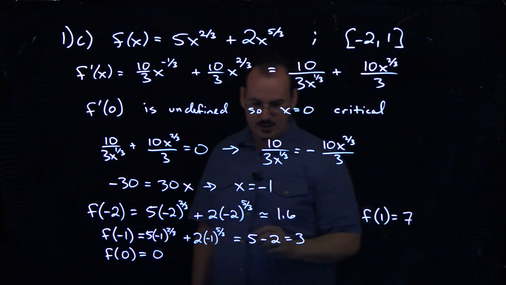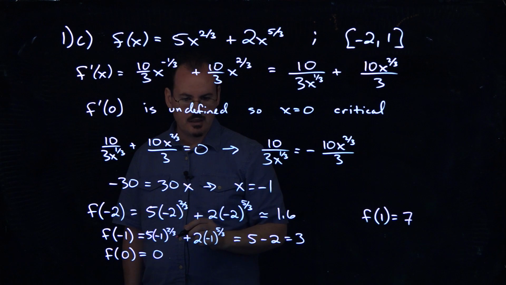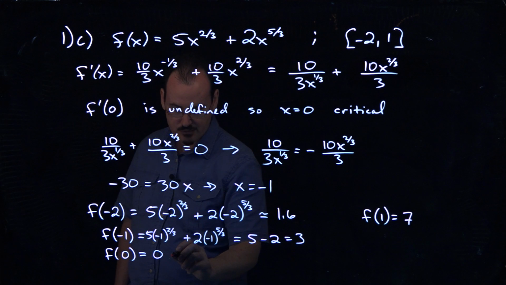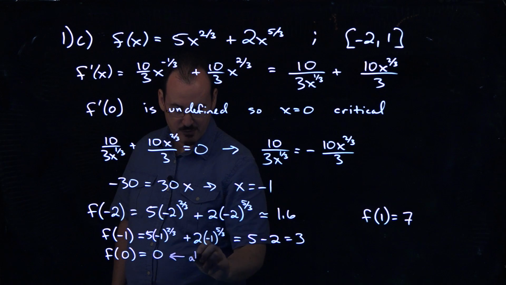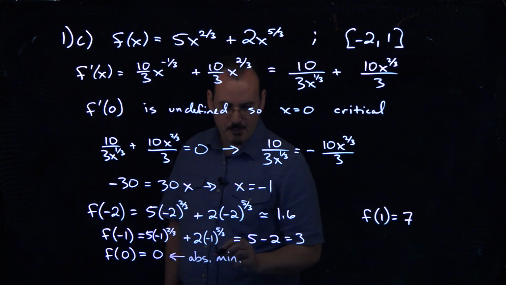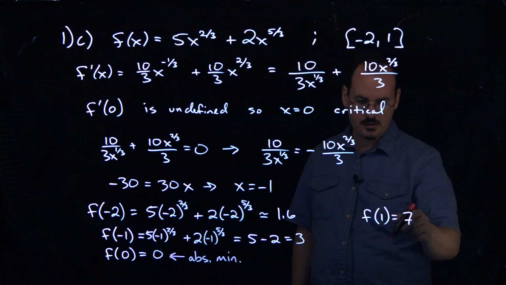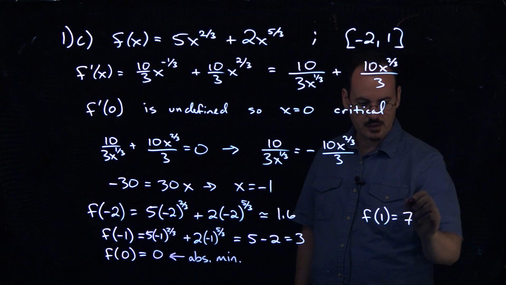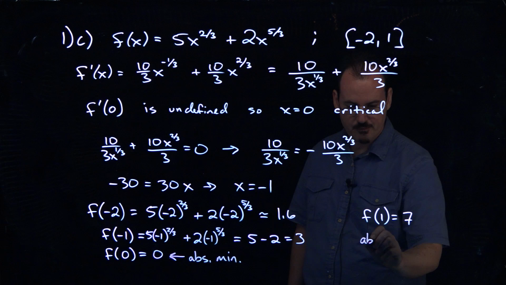And so now just compare all of these output values that I got, which is the very smallest one. So it seems to be 0, so we're going to get absolute minimum is 0. And 7, I think, is clearly the absolute maximum.